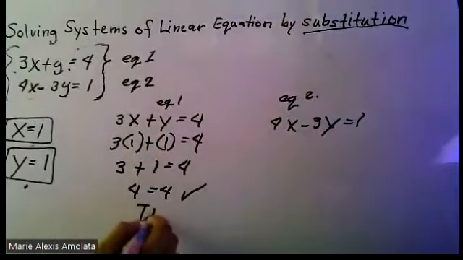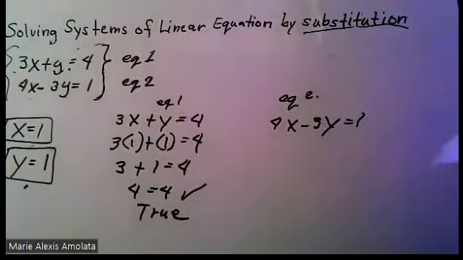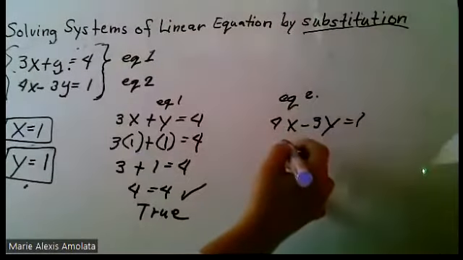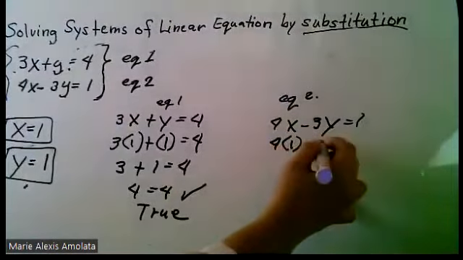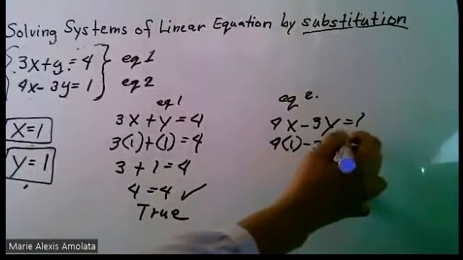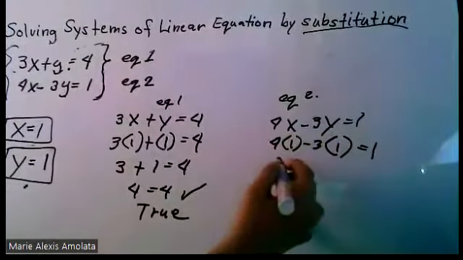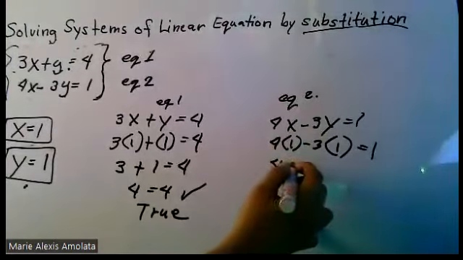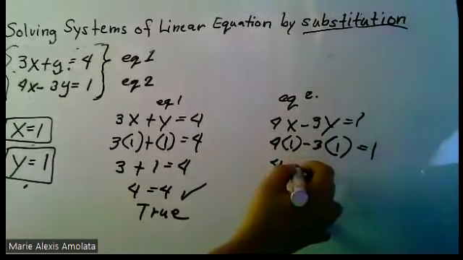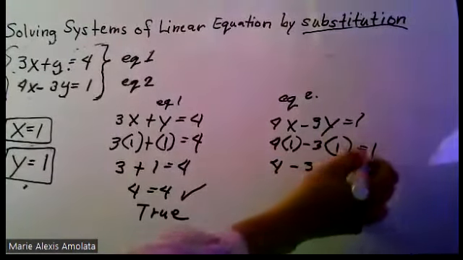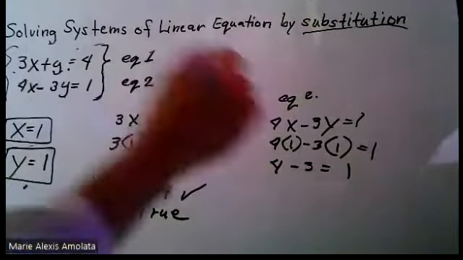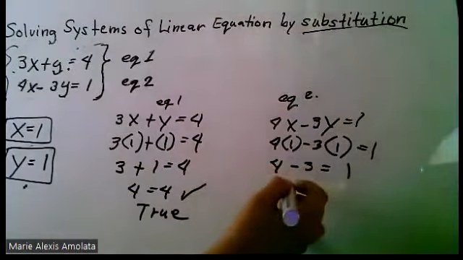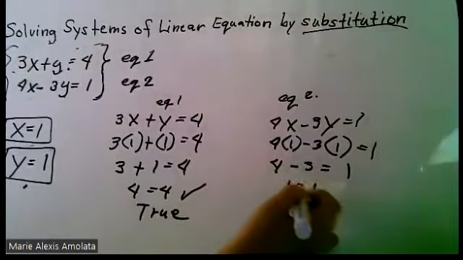So, true. Next is 4, value of x is 1, minus 3, and value of y is 1. Negative 3 times 1 is negative 3. 4 minus 3 is 1, is equal to 1.